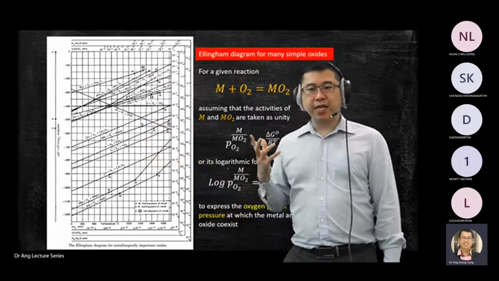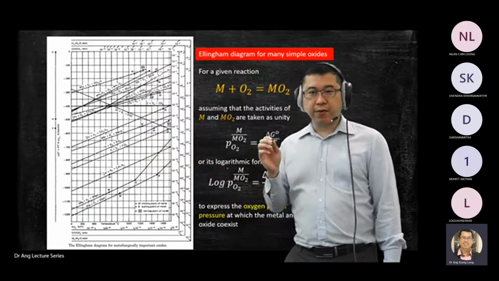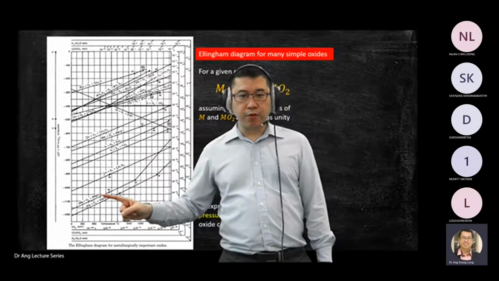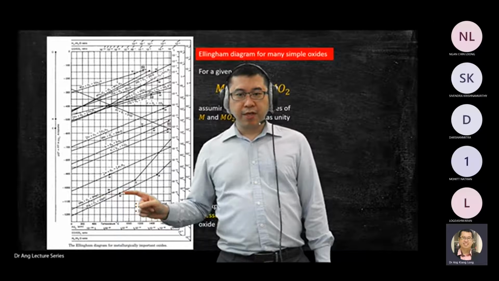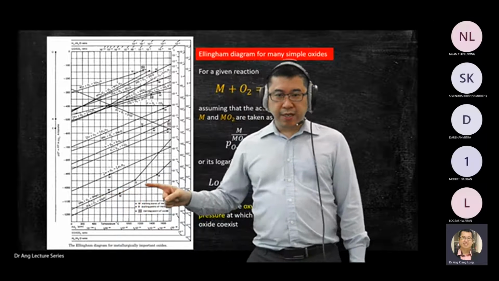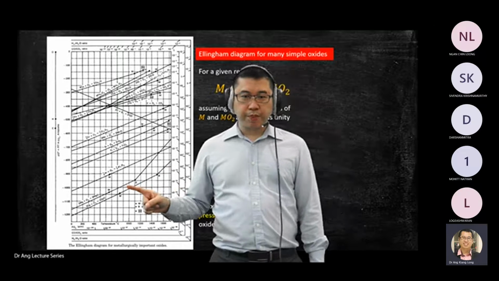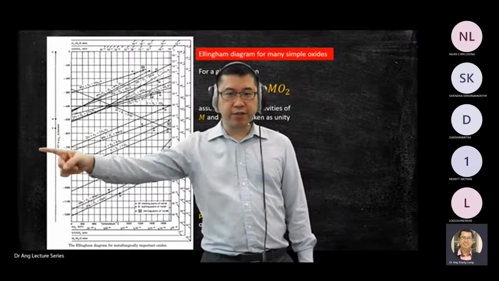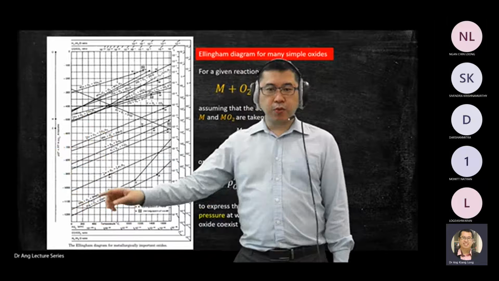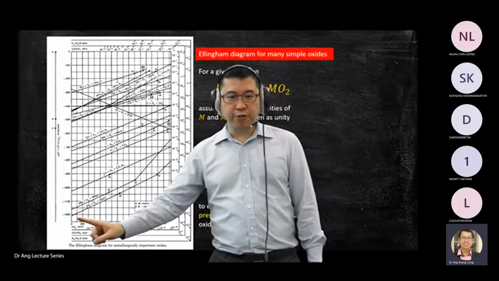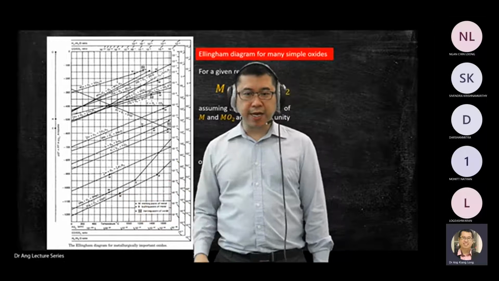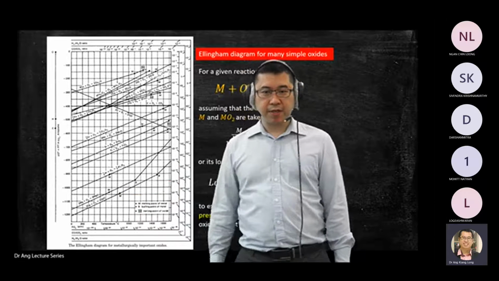Why? How do you link stability? You link it with energy. Because all these lines, you project to the left, you get energy, right? So when you have low energy for the formation of oxide, it means it's stable.